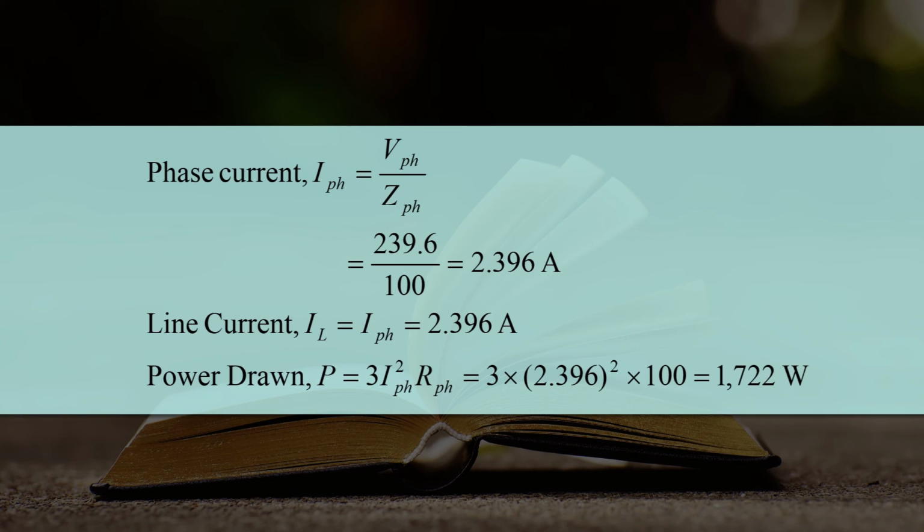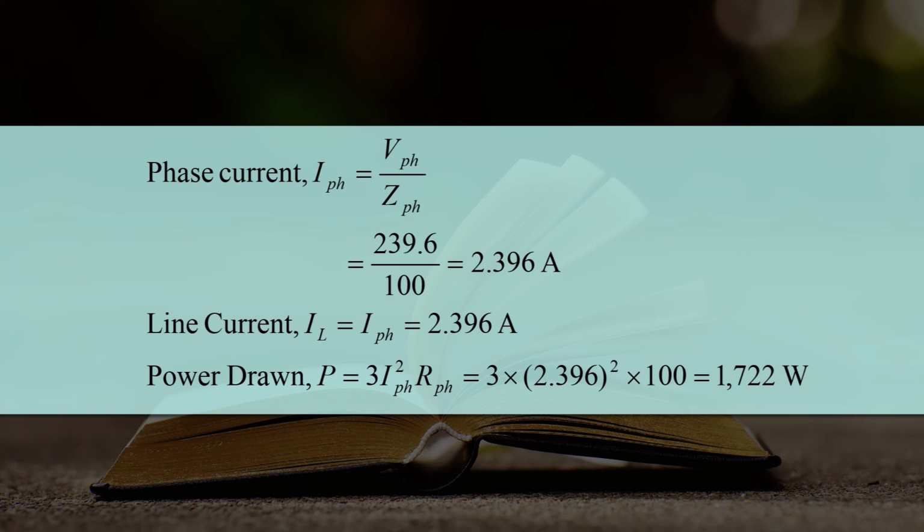You will get the phase current equal to 2.396 ampere. In a star connection, as you know, line current is equal to phase current. So the line current will be the same as the phase current, equal to 2.396 ampere.